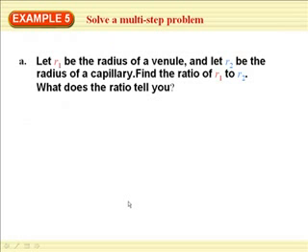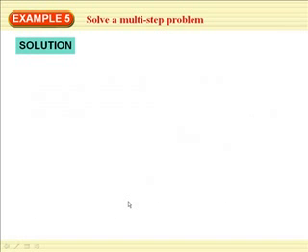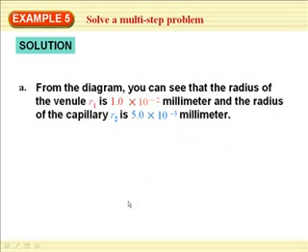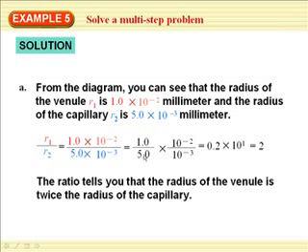Okay, so R1 to R2. So let's see on the solution. Okay, there's R1 and R2. We're supposed to write that as a ratio, so we write that on top of each other. We simplify that. In simplifying that, you would divide these out and then simplify. So it's 2, the ratio tells you that the venule's radius is twice the capillary's.